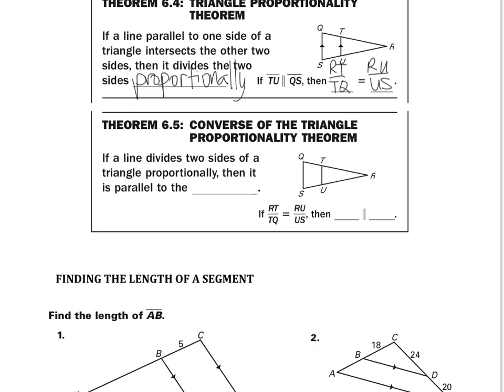The converse of this states that if I have that proportionality, then that segment is parallel to the third side. So if I have RT over TQ equal to RU over US, then I can say that TU must be parallel to QS.